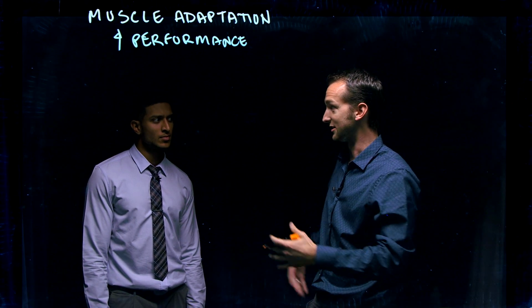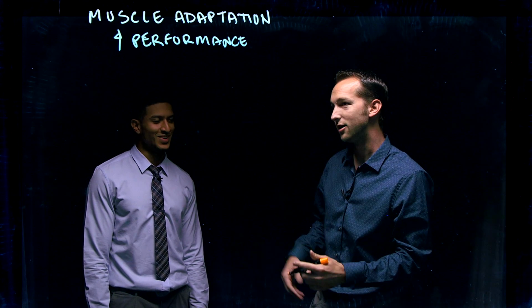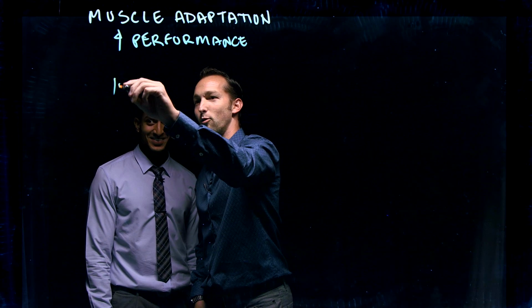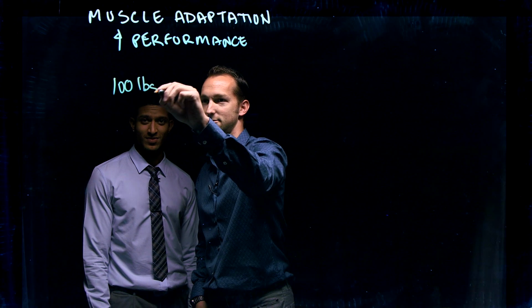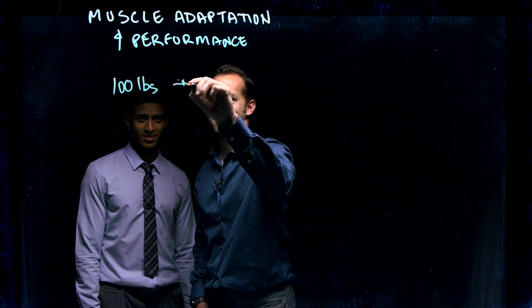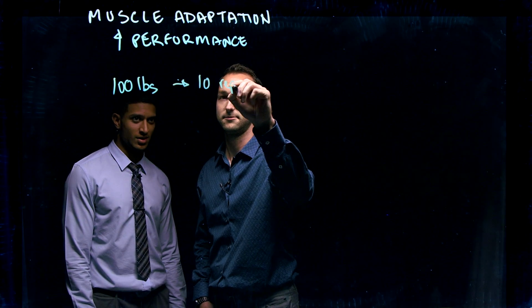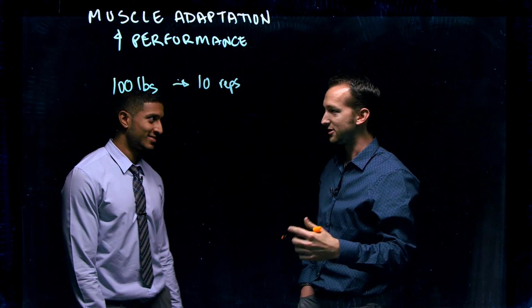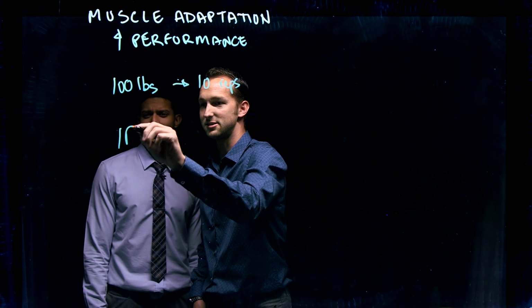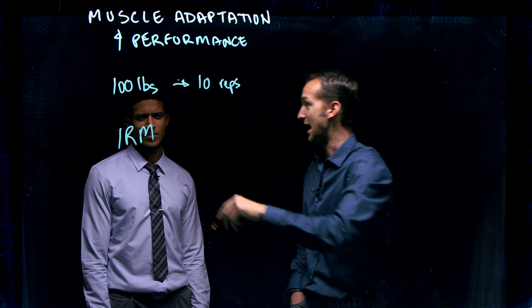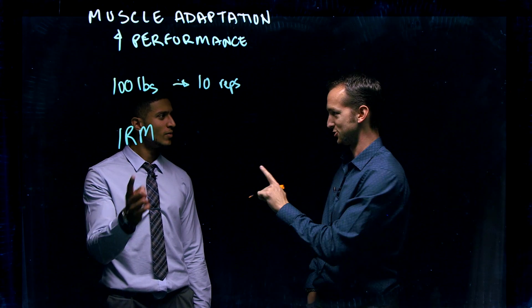So let's say, being the phenomenal athlete that you are, you can lift 100 pounds for 10 repetitions. If we put this into our equation to estimate your 1 rep max, that's the most weight you could push one time.